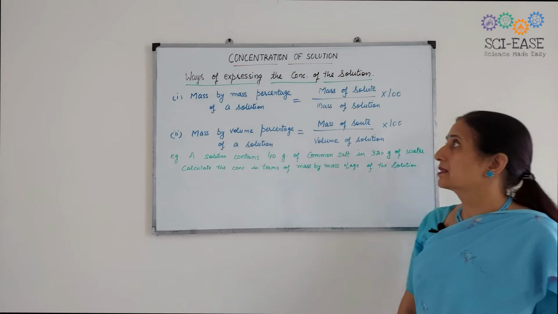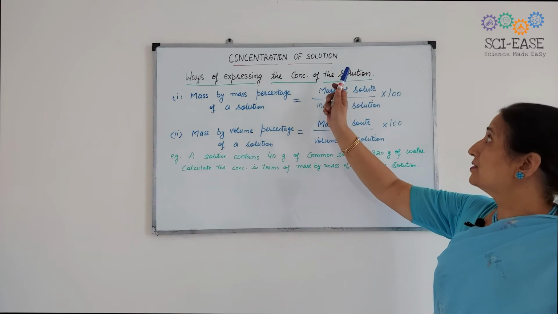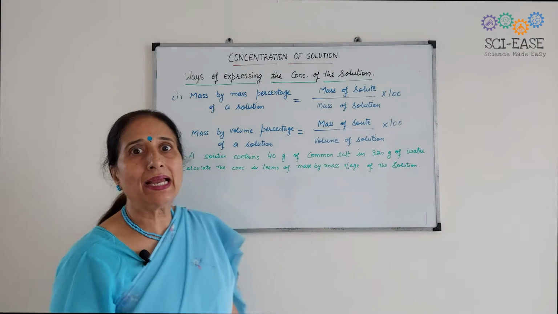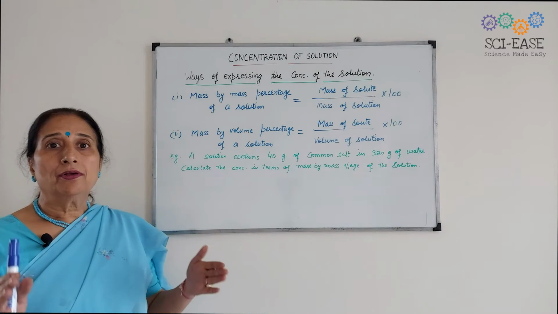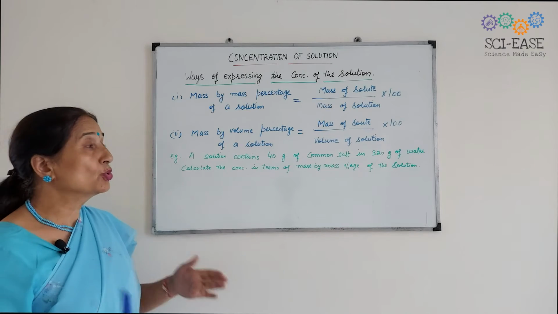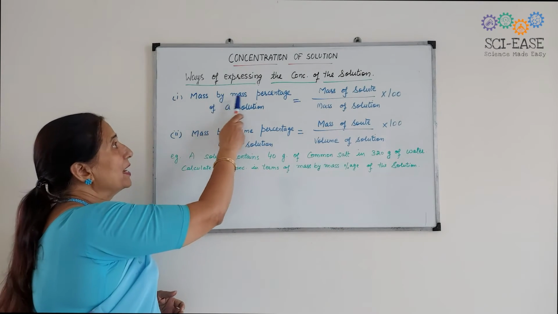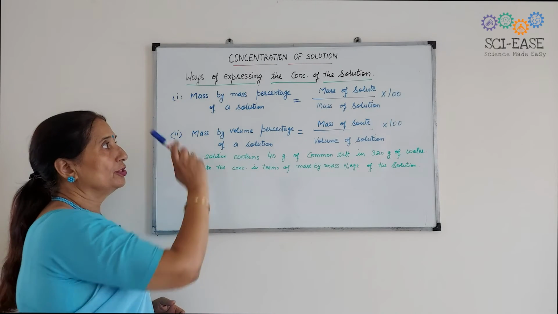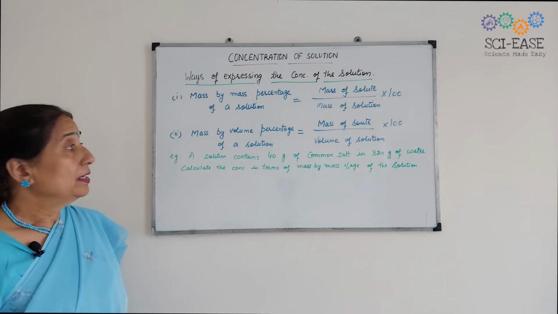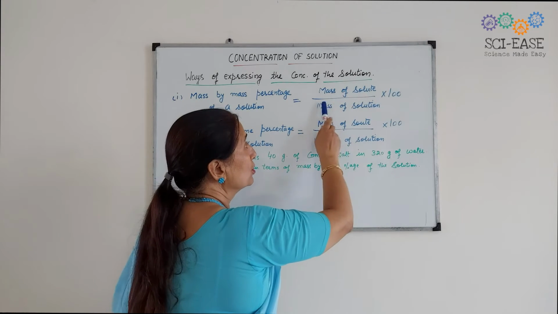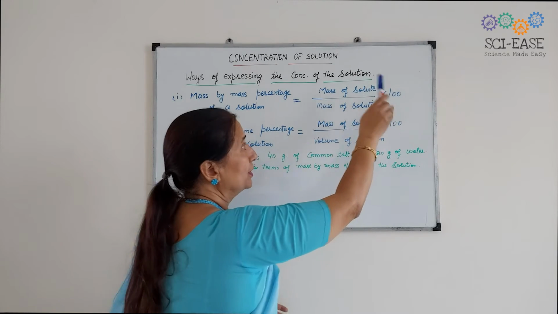There are many ways of expressing the concentration of the solution. But here in class 9th, we will study only two methods. The first one is mass by mass percentage of the solution, which is equal to mass of solute over mass of the solution into 100.